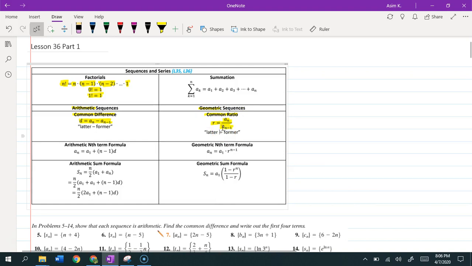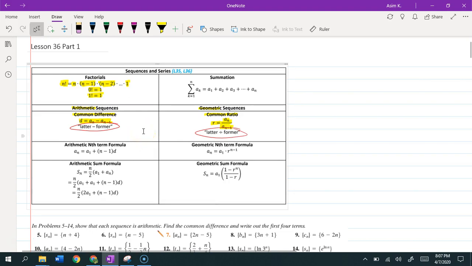In a geometric sequence, you keep multiplying by a certain number, so to figure out what that number is, just divide the latter by the former. Whereas in a common difference, you keep adding or subtracting the same number, so your way of figuring that out is the latter minus the former. What's important is what's really happening between the latter and the former. All right.